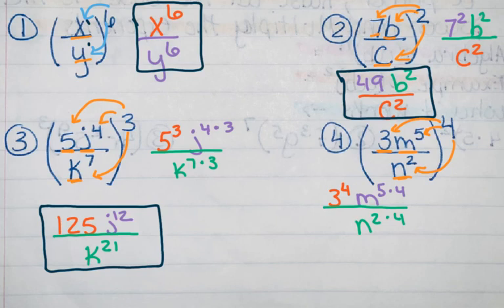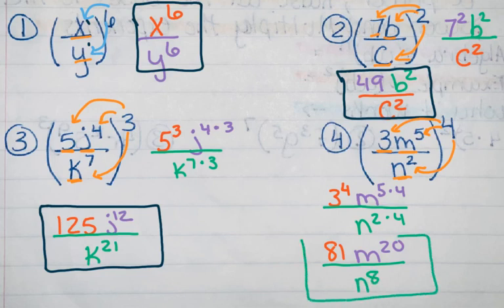So 3 raised to the 4 is 3 times 3 times 3 times 3, which should give you 81. 5 times 4 is 20. And then 2 times 4 is 8. So this would simplify to 81, m to the 20, n to the 8.